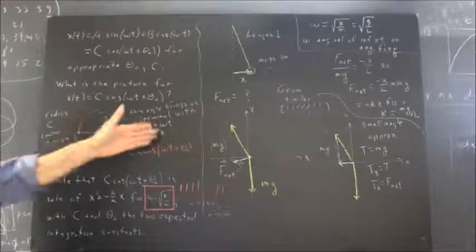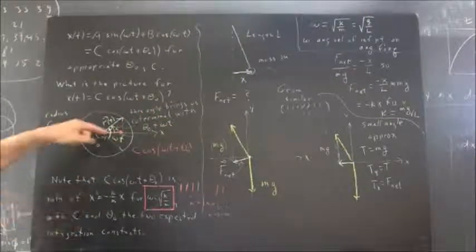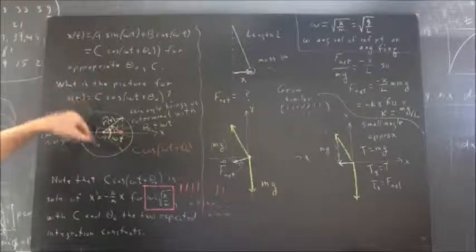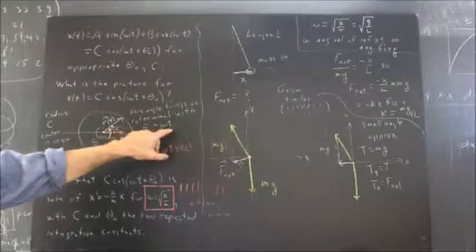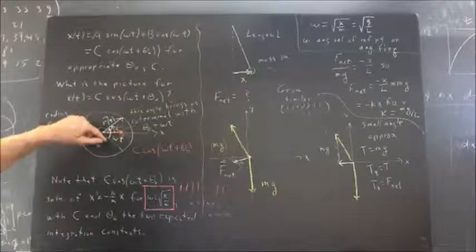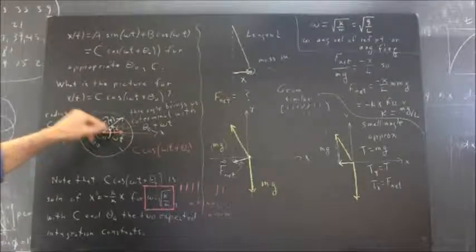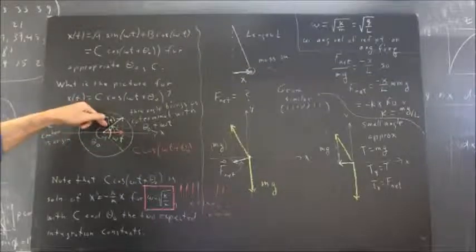So I say coterminal with theta naught plus omega t because theta naught might actually be an angle such that we make more than one revolution around before we come to this position. And omega t might be big enough that instead of just going from here to here, we go around once and end up here. We go around twice and end up here. We go around any number of times and end up here.